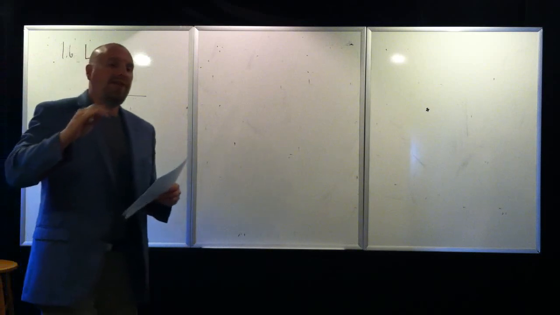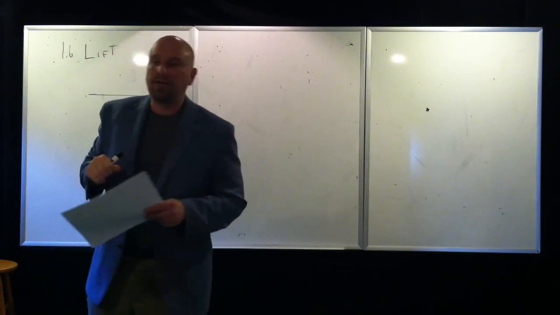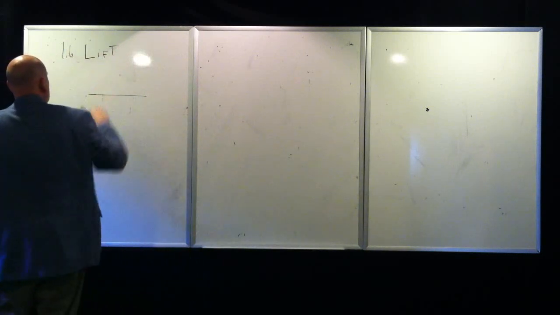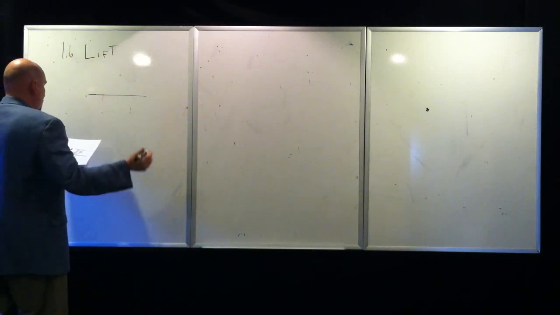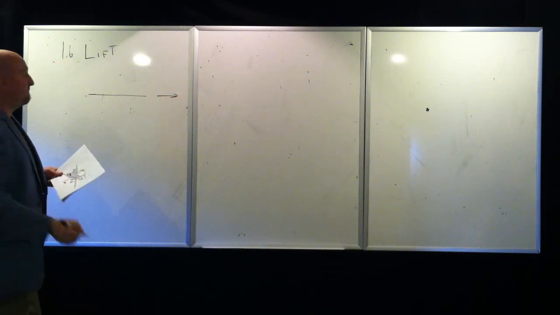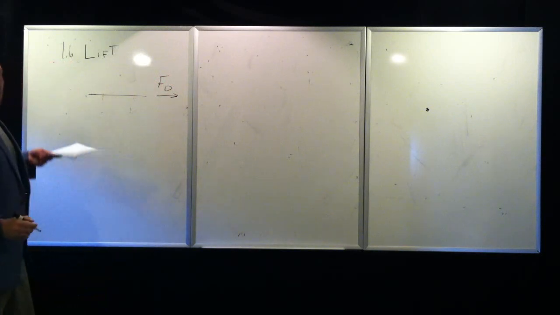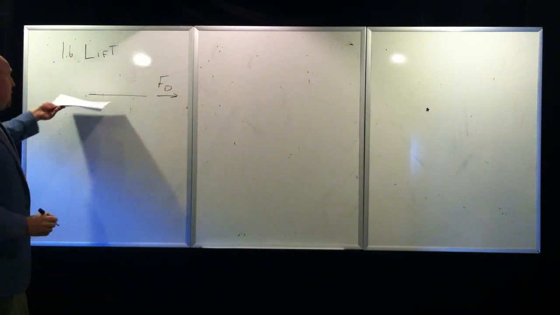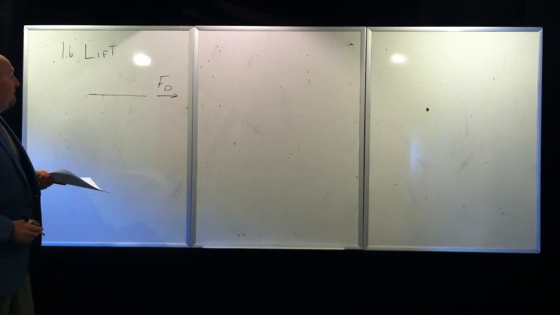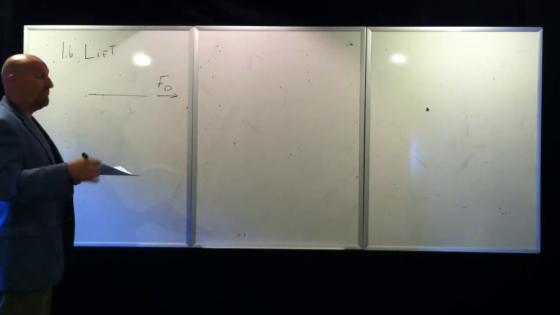So if we had a very, very thin plane, looking at it in profile, we would define drag. Drag is going to be a force. We define the force of drag that's going to be along the flow or along the profile of the aircraft or wing or whatever object you have.